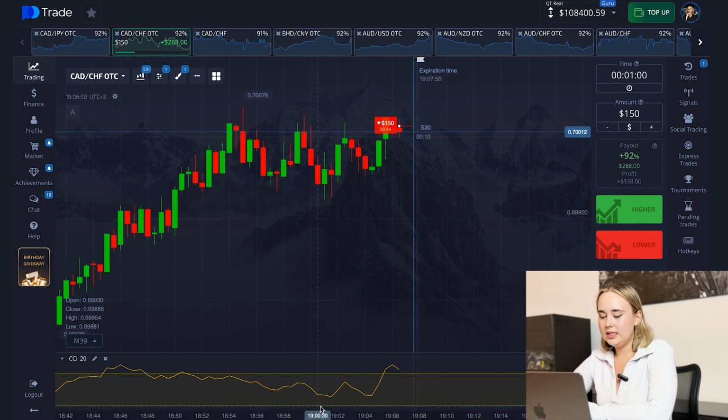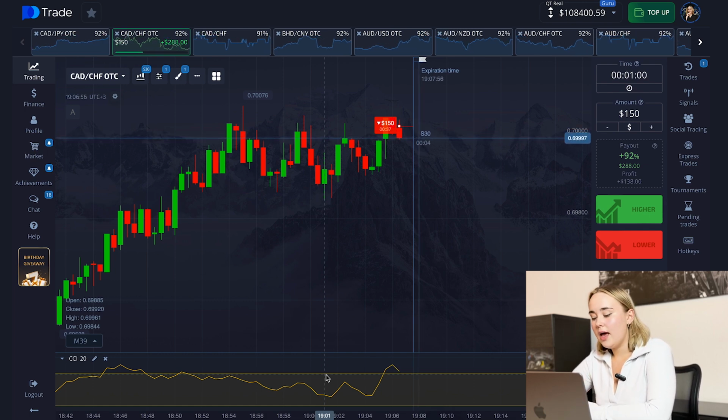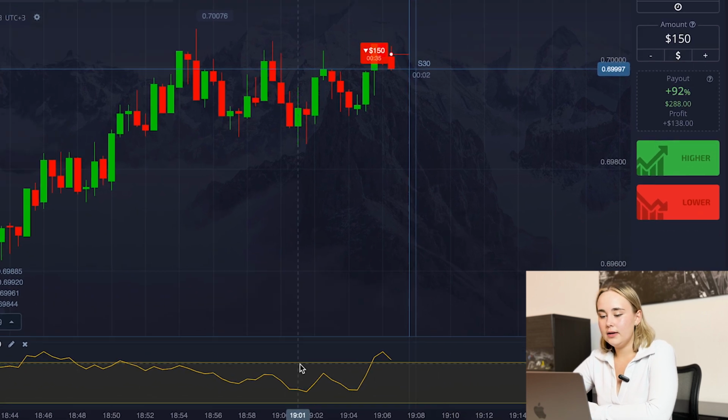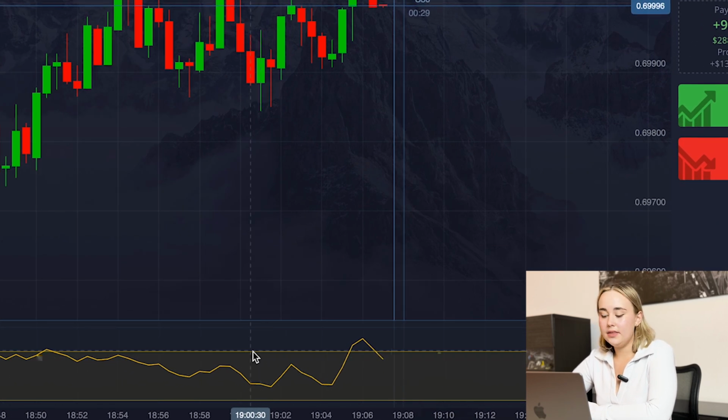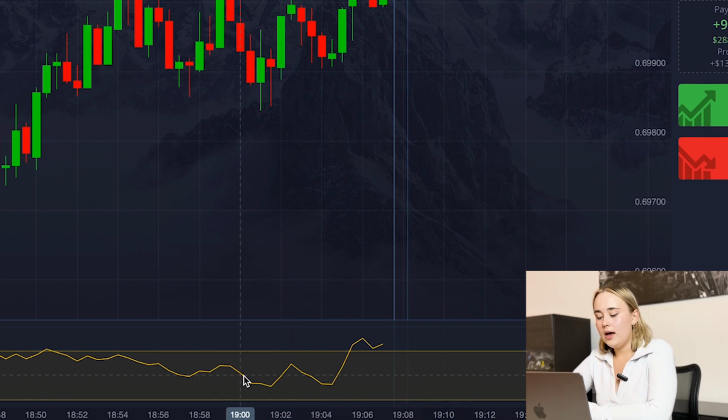CCI is actually very informative, and it has a lot of information for us about the situation on the market. It has two lines, the upper line and the lower line. It basically shows the action of price on the market. And as you can see, right here, the market was kind of stable.